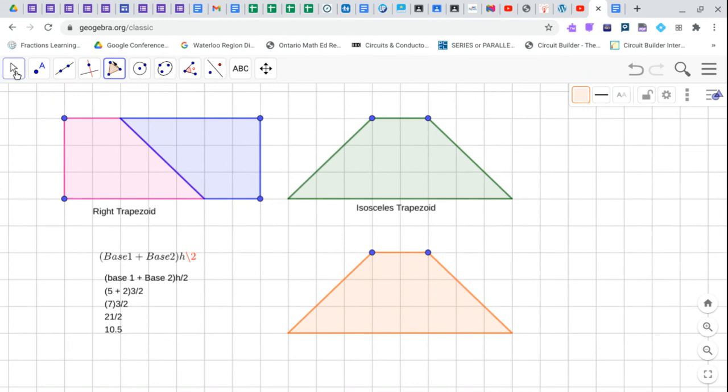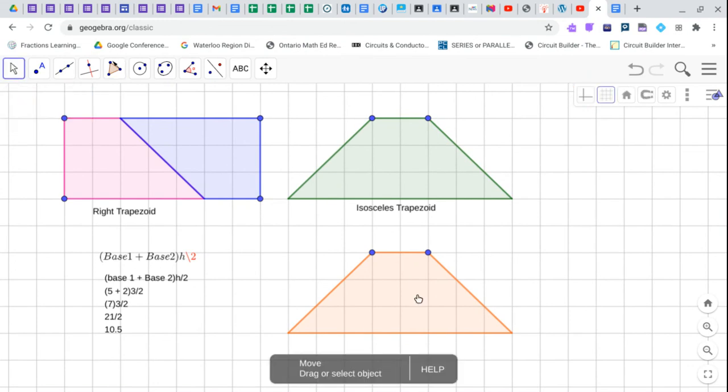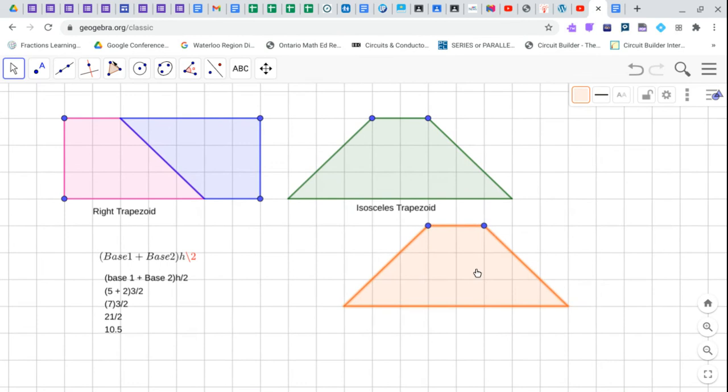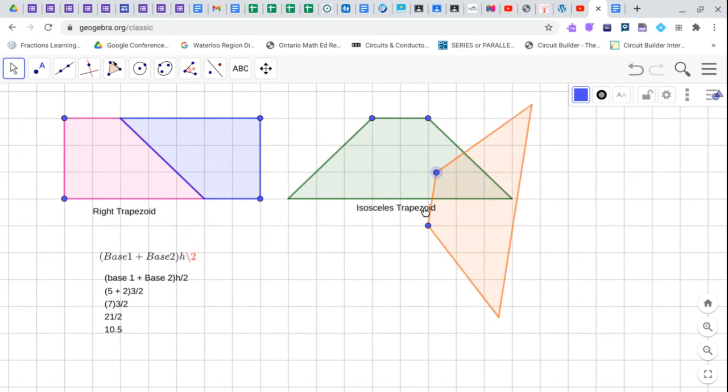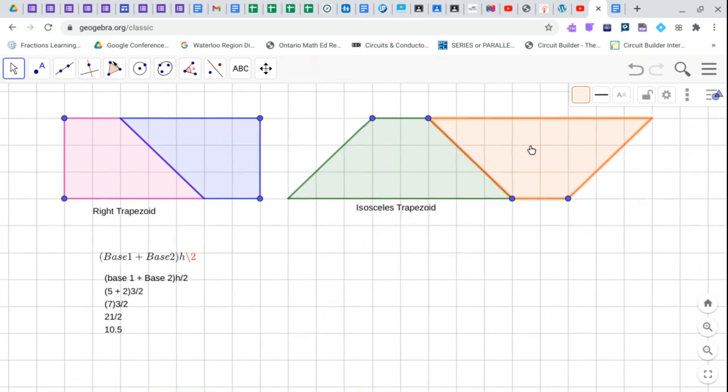So obviously, if we now take this orange trapezoid, and of course we're going to rotate it and place it with the other one. Okay, that's not rotating. It actually does matter which vertex you click on for the rotation. But anyhow, if we slide it over there like that, oh, well, look at that.